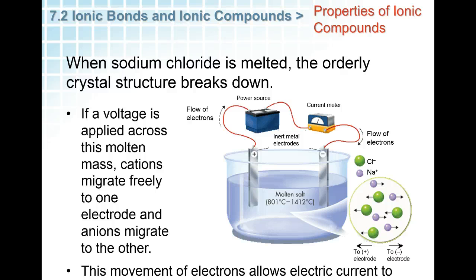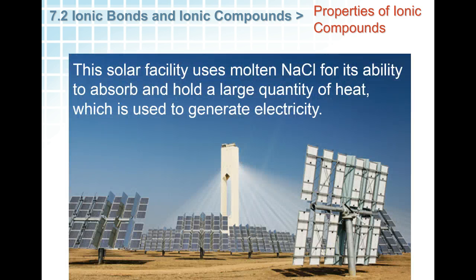So here is a picture of melting sodium chloride, because we break down this nice sort of cube structure that we end up with. Oh look, and there's a picture of a solar panel, solar collector.